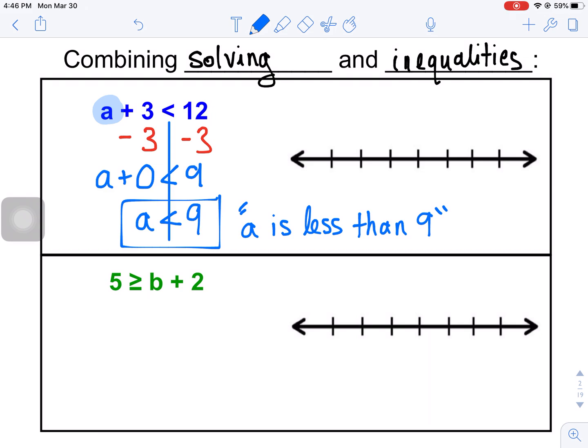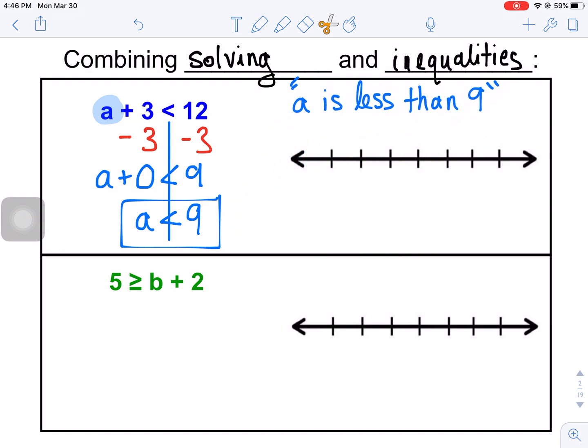The second step is we need to graph this on our number line. So I'm going to move this up here. A is less than 9. Because it says A is less than 9, we want to make sure that the number 9 is on our number line.